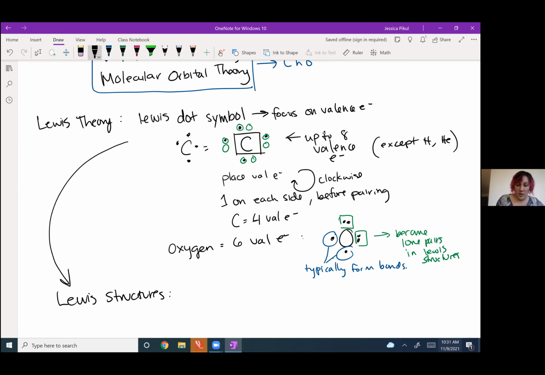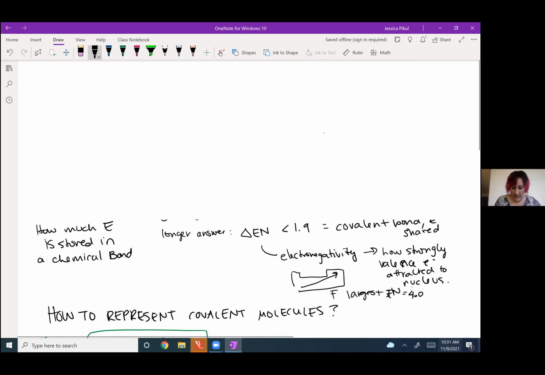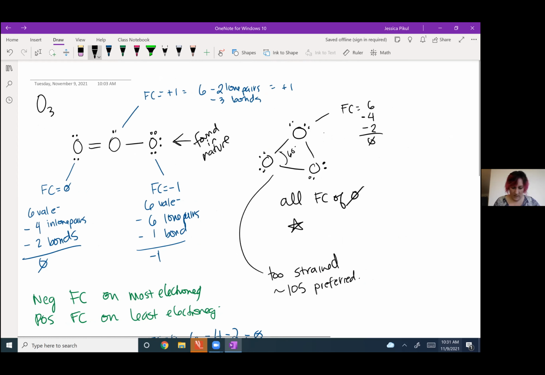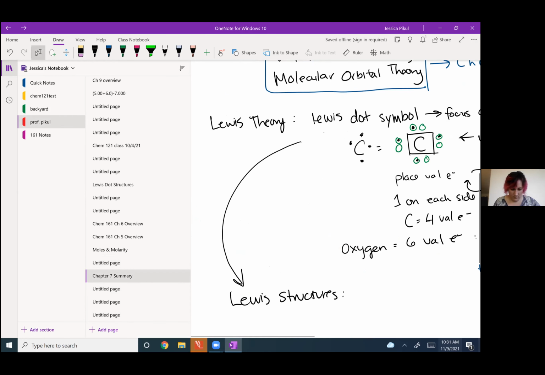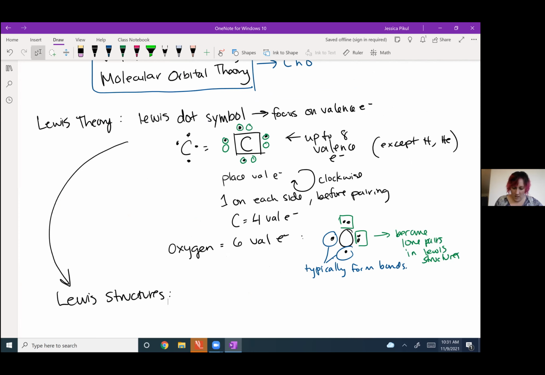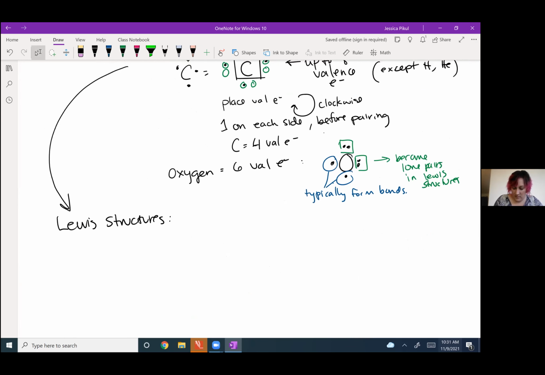When building a Lewis structure, your goal is to have an idea of how the atoms are arranged and how they're bonded to one another. Sorry, I apparently switched page. So you're going to try to match up these atoms and arrange them into structures that represent the chemical.